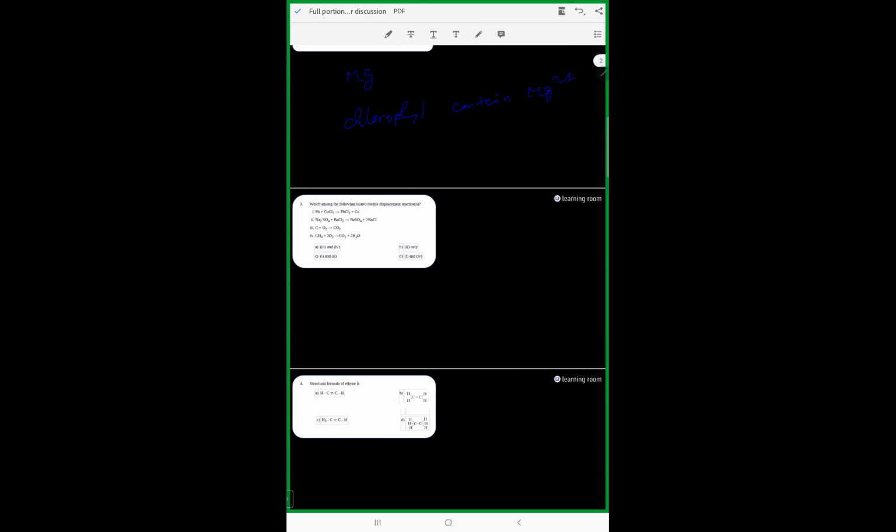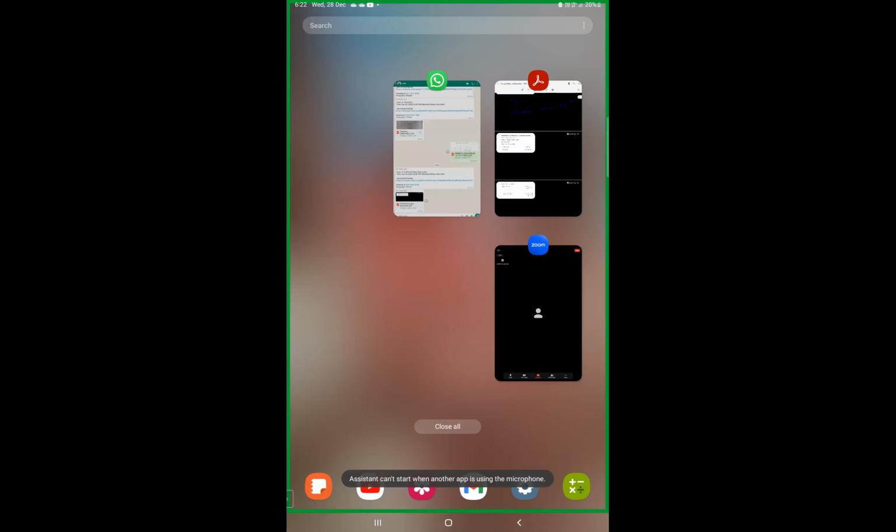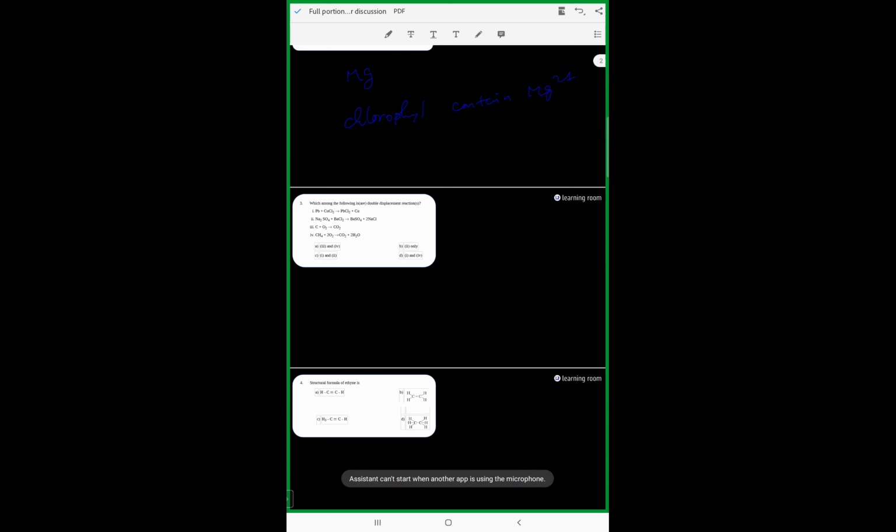When you take sodium sulfate and barium chloride, chloride and sulfate are exchanged. So it is a double decomposition reaction. The next one is not a double decomposition, and the fourth also is not a double decomposition.